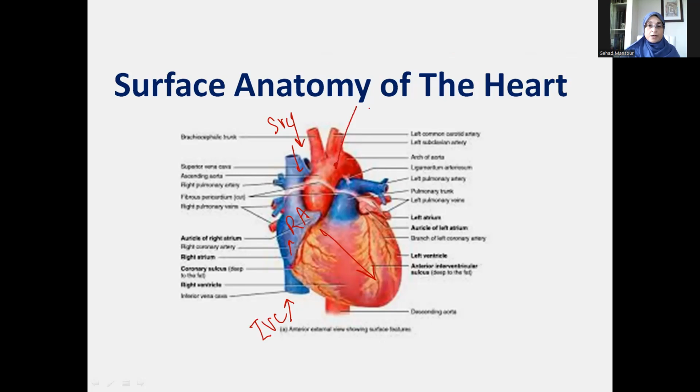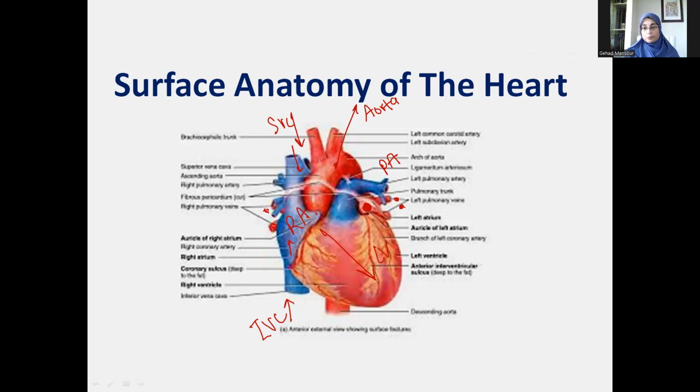Notice that the aorta is more to the right and the pulmonary artery is more to the left. Here we have two pulmonary vein branches on the left side and two other branches on the right side, but they all pour into the left atrium, which we can barely see here. And then we have the left ventricle.